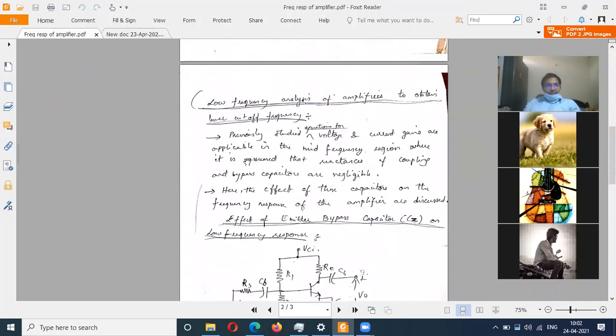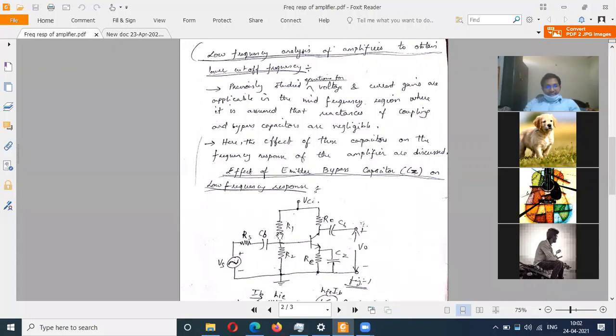For low frequency, 1 by j 2 pi fc, that is the impedance offered by the capacitor. F is small means in the denominator the overall value is small.